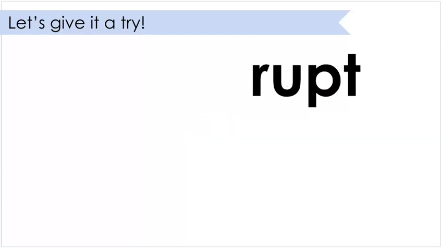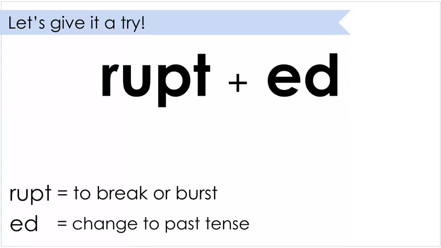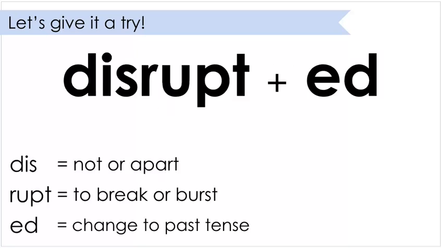Let's try another one. We're going to start with rupt again. We're going to add ed. Now we know when we add ed, it's a change to past tense. Rupt, of course, means to break or burst. Now again, this is another word that you cannot put together just by itself. So we're going to have to add another prefix to it. So we'll choose one we did yesterday.